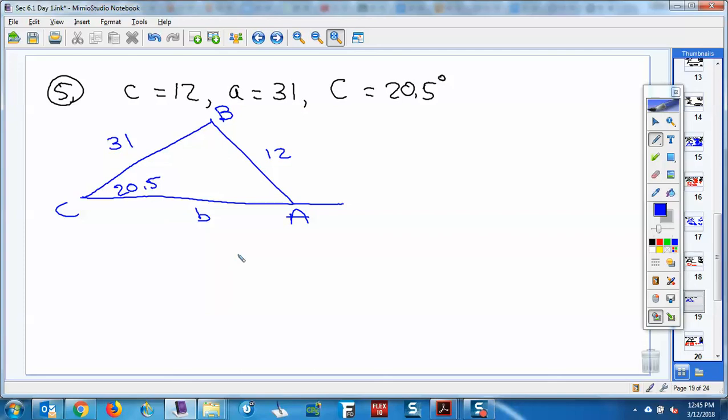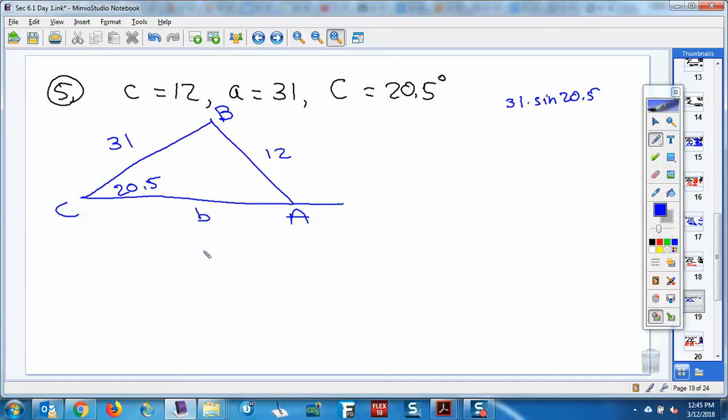So then what's the next question? Is it big enough? It's not bigger than this. So now the question is, is it just swinging in the breeze? That's when we need the height. So if you're going to do it this way, the next thing would be to take 31 times sine of 20.5, because that's going to be this height right here.